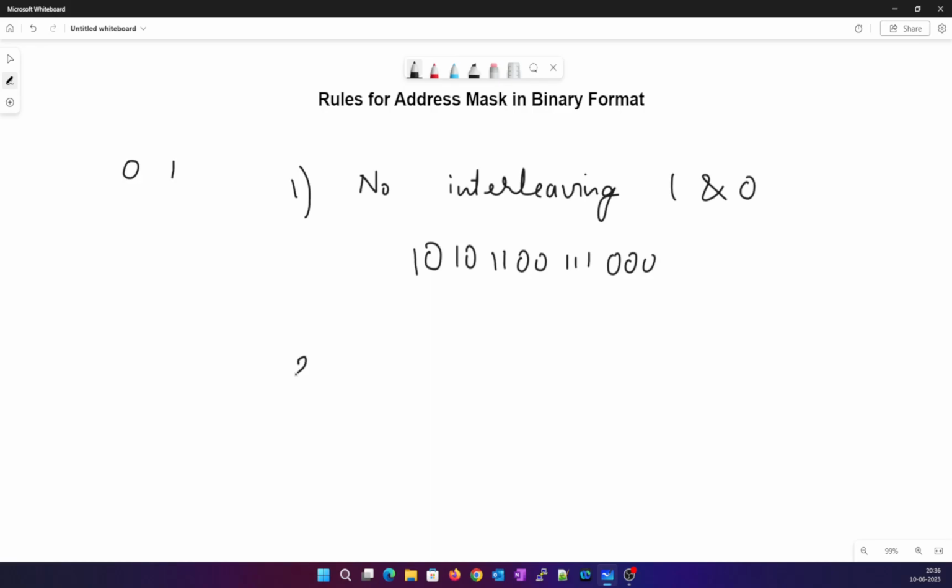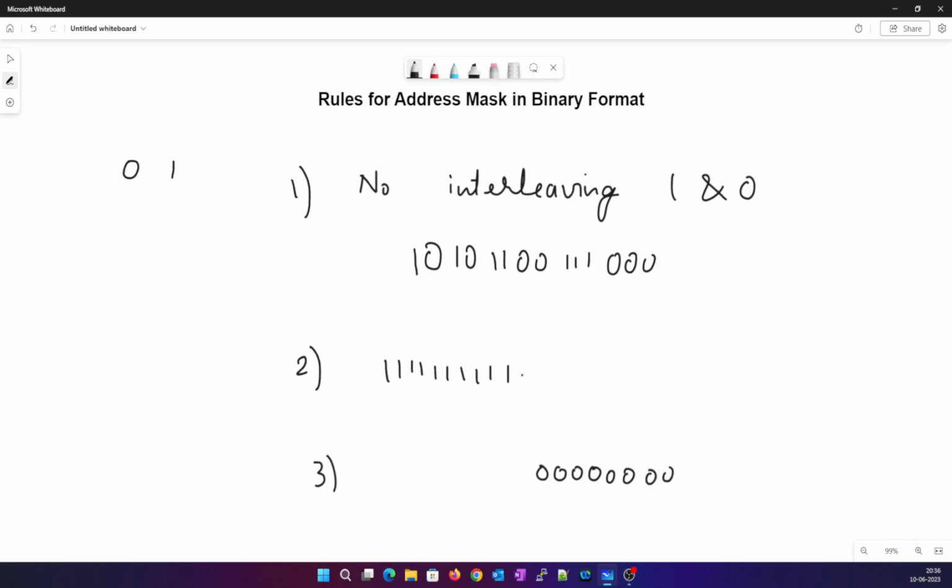The second rule says that if an IP address has ones in it, all the ones should be on the left hand side, meaning 1 1 1 1 1 1 1 1. All of them should be on the left hand side. The third is that if there are zeros in an IP address, all these zeros should be on the right hand side.